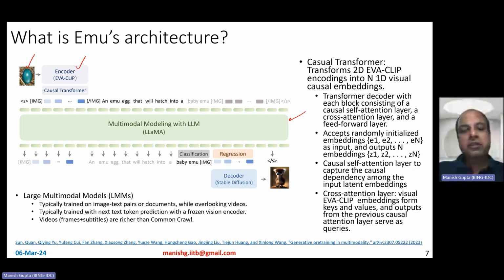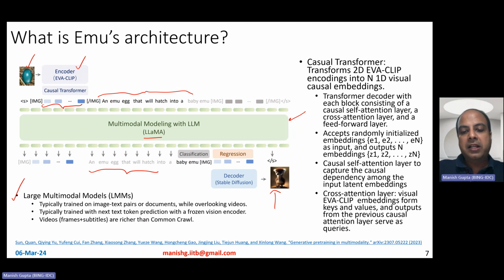In fact, the generative model is actually Llama. Llama takes the text inputs as well as image inputs, in these open and close image tags, and then can generate text, or it can also generate images. So EMU is more like a large multimodal model.